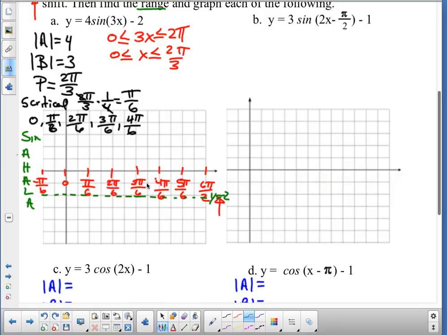And now that's where I start all my plotting. So I'm going to start plotting with blue. It's sine, so it's on the axis at 0. And then I go pi over 6, I go high, and I go 4 high, so it's 1, 2, 3, 4 above my axis of symmetry, back to the axis, 4 below my axis of symmetry, 1, 2, 3, 4, and then back to my axis, and 4 above my axis of symmetry, 1, 2, 3, 4, and back to the axis of symmetry.